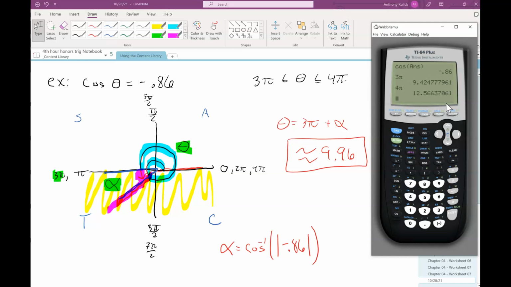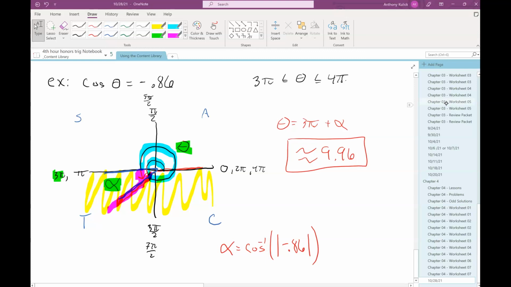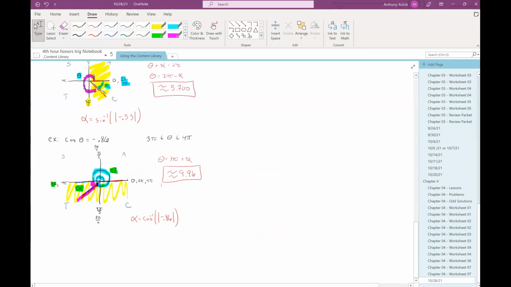So notice in one of these examples, our equation was theta equals the x-axis minus alpha, and in the other one it was the x-axis plus alpha, right? It'll always be one of those two equations. Here's the way you can figure out which one it is without really having to look at your picture.